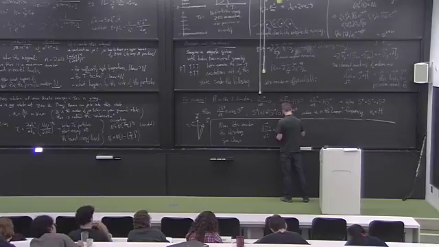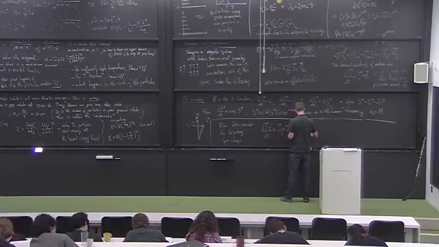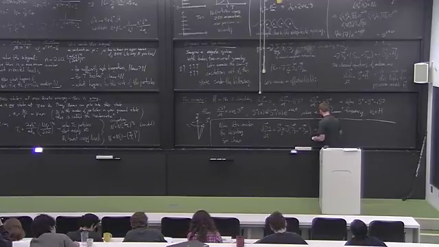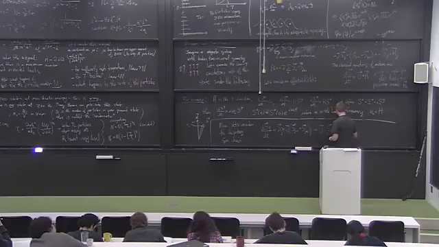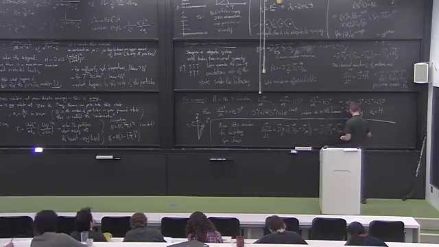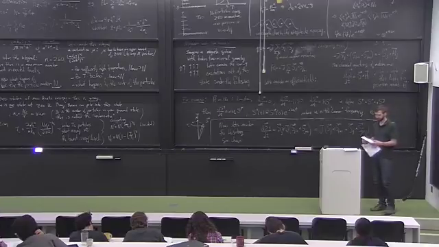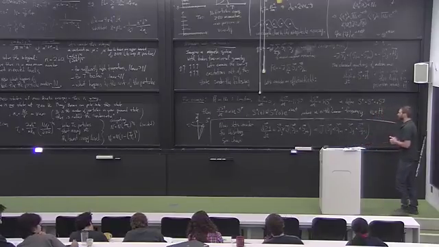J times Sj minus 1 plus Sj plus 1. And what I need to do is take those cross products to write down the equation of motion.